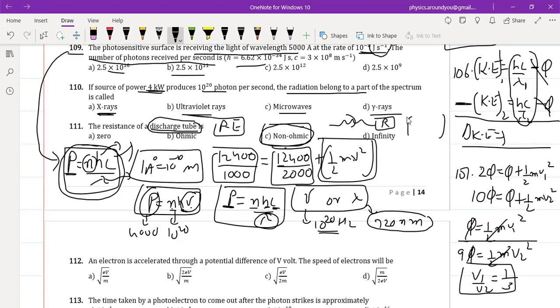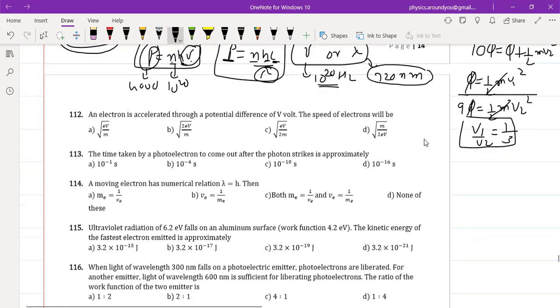But for a discharge tube, which has an emitter plate and a collector plate, there is nothing in between. There's only the electron which is moving. So I will not be able to define the resistance of this. I can't use V by I to define it. So it is non-ohmic is what I can say. That is question number 111.